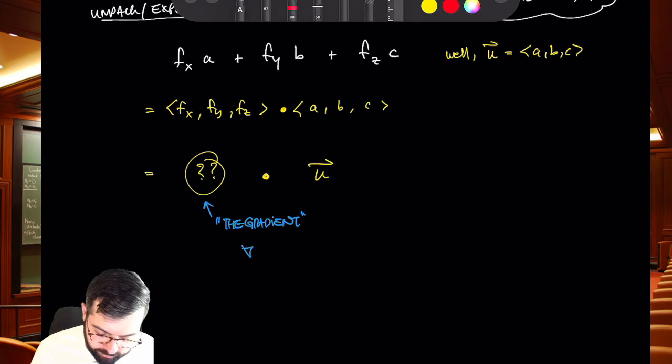And so we call it the gradient, and we use this del or nabla symbol, this upside down triangle, to represent this.